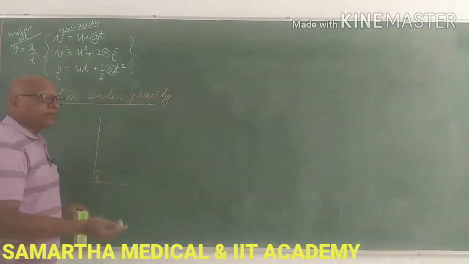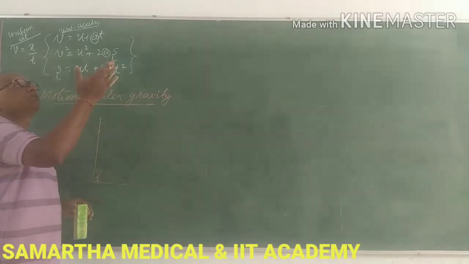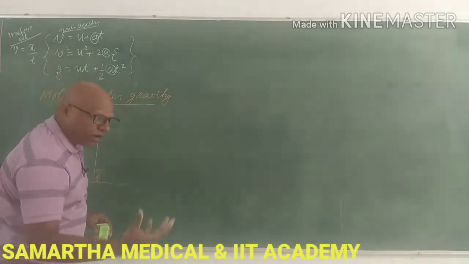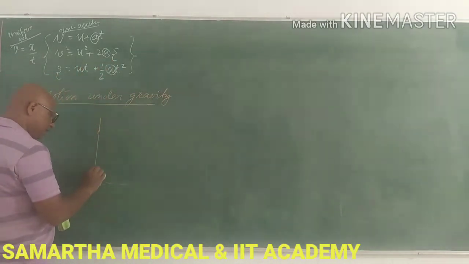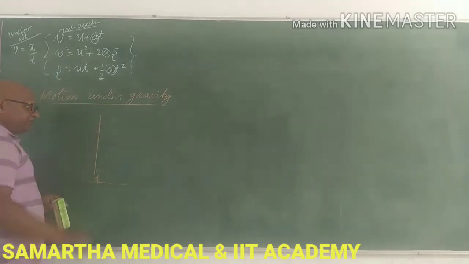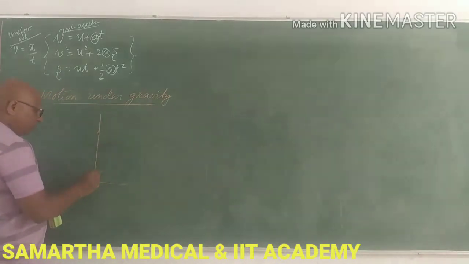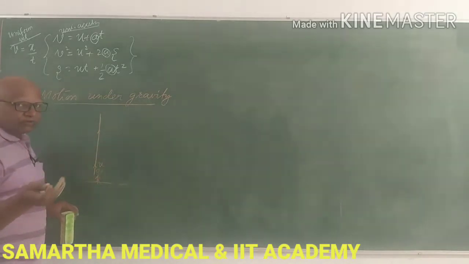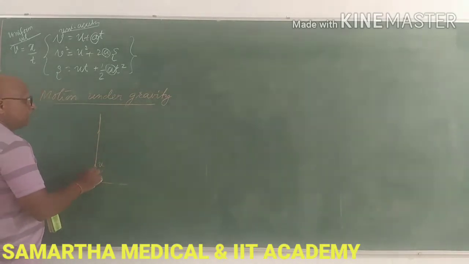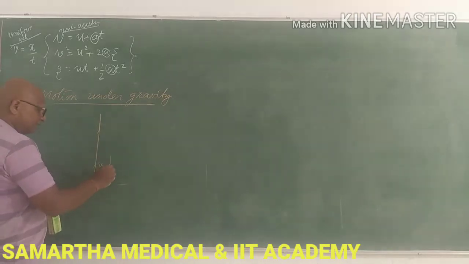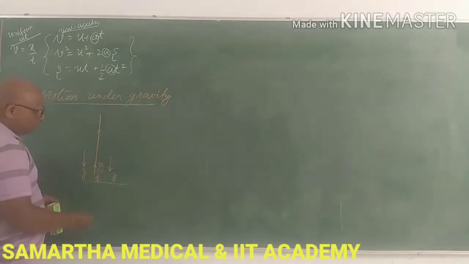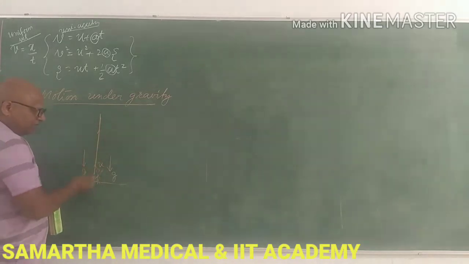We are talking about a case where you have thrown a stone or a ball or something in a vertically upward direction. The stone initially moves with very high velocity because while throwing you will be throwing with higher speed. Because of Earth's gravitational force, the body will lose its velocity slowly.